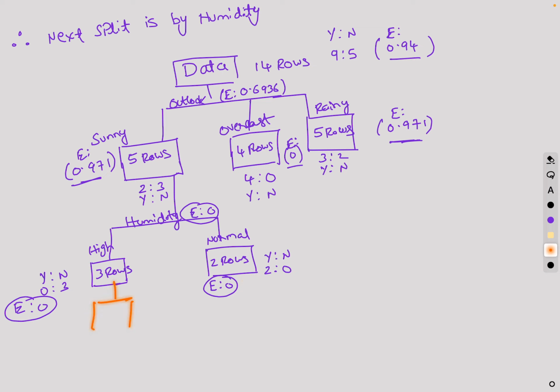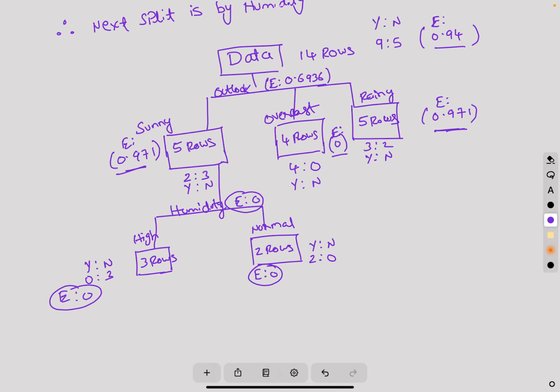This cannot be split further because anyway I am getting 100% accuracy here, isn't it? I am getting 100% accuracy here. So there is no point in splitting this again further based on anything. You can split it based on, let's say, temperature or whatever, but there is no need to do that, because anyway the accuracy is 100%.